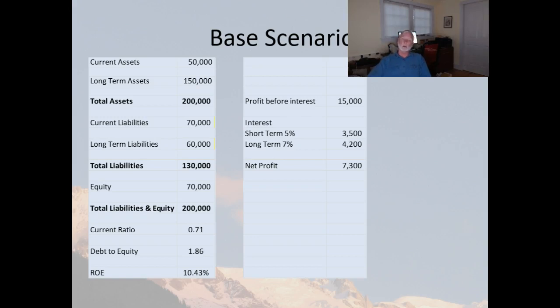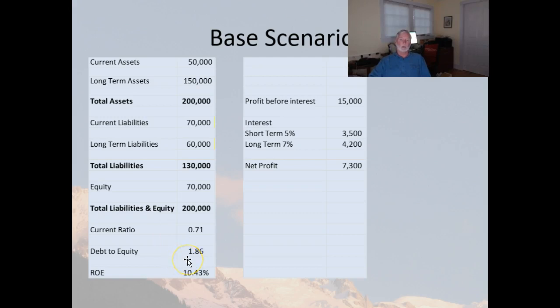And if I go down below here, I've computed the ratios. Our current ratio with this scenario is 50 divided by 70, which is 0.71. So we have a current ratio less than 1. We have slightly more current liabilities than current assets.